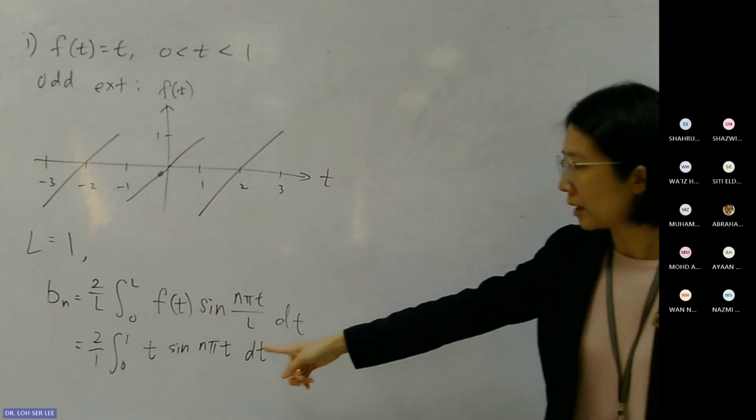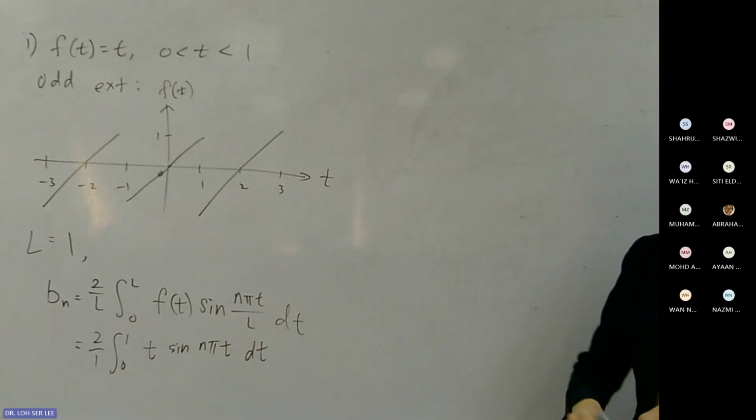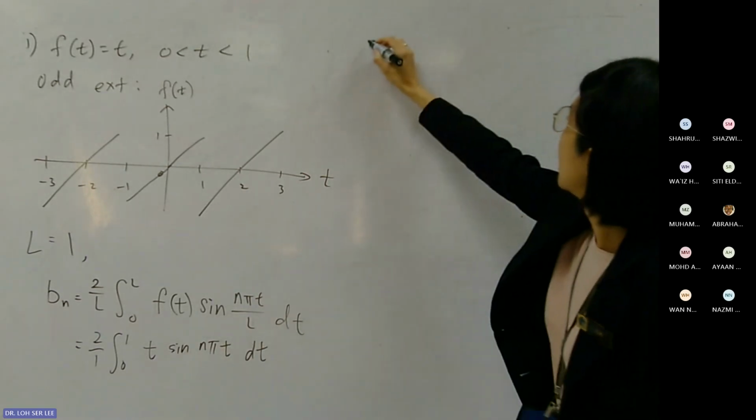So if you look at this one, polynomial with sine, tabular method.